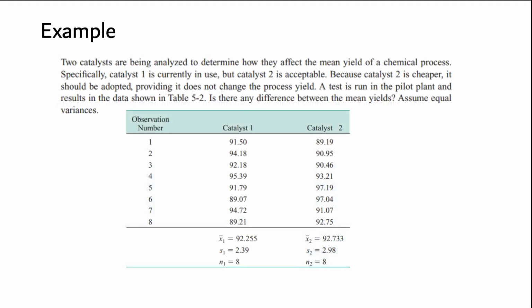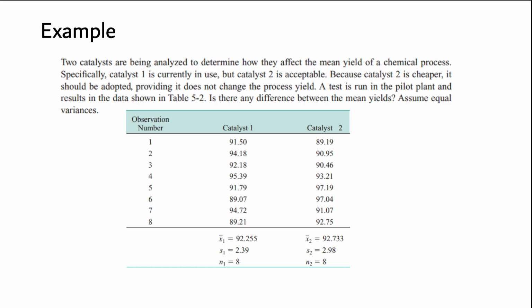For example, here we have two types of catalysts. Catalyst 1 is currently in use and Catalyst 2 is acceptable and cheaper. So we conducted a test in a pilot plant and the data is shown here. This data shows the mean yield of a chemical process conducted using the catalyst.